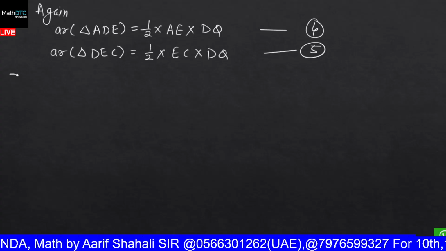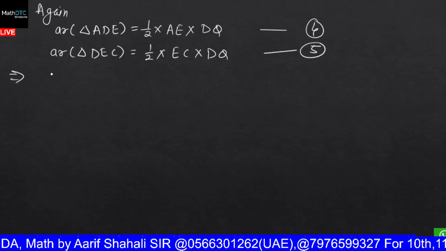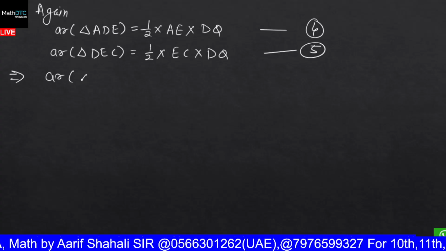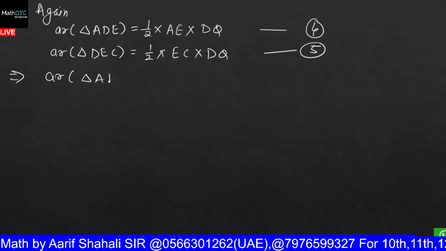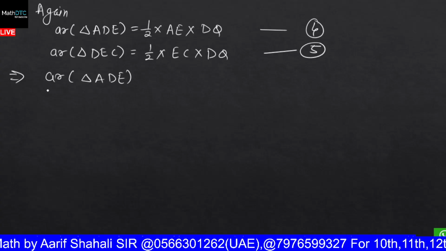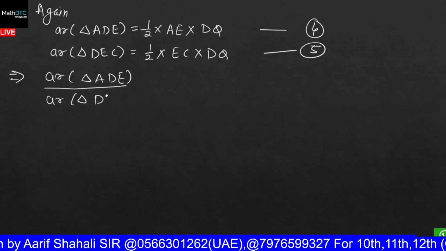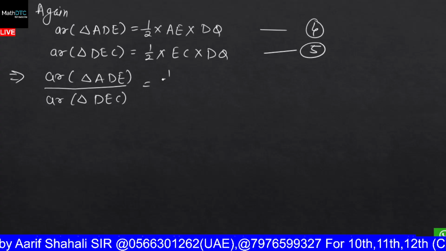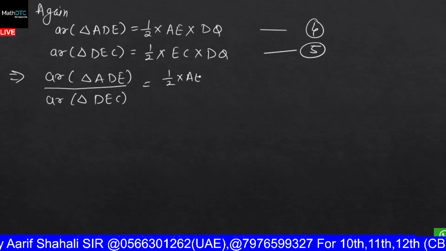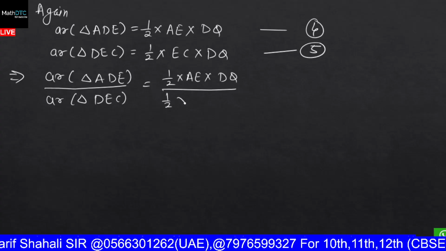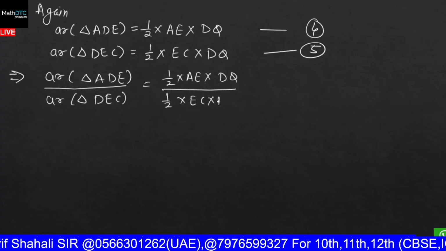Check the ratio again. Take the ratio of the triangles, area of triangle ADE over area of triangle DEC is equal to 1 by 2 into AE into DQ over 1 by 2 into EC into DQ.